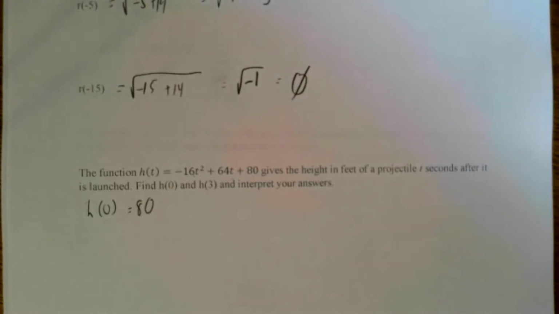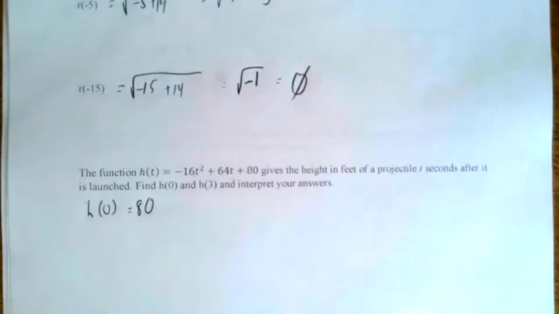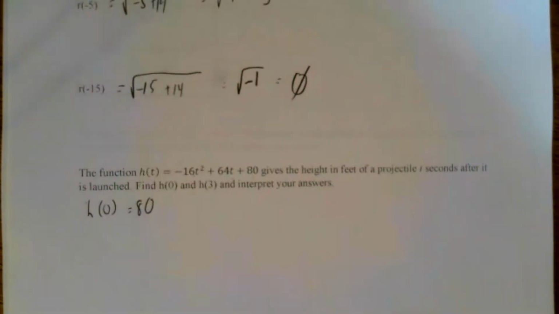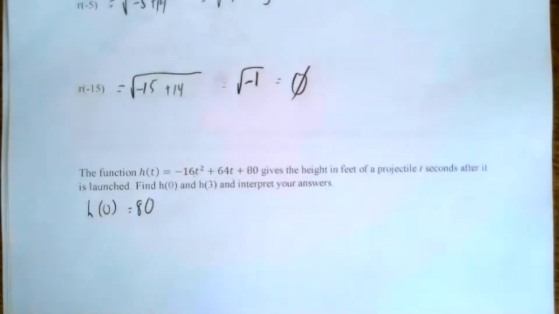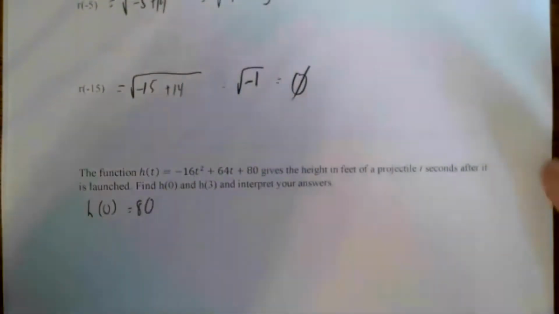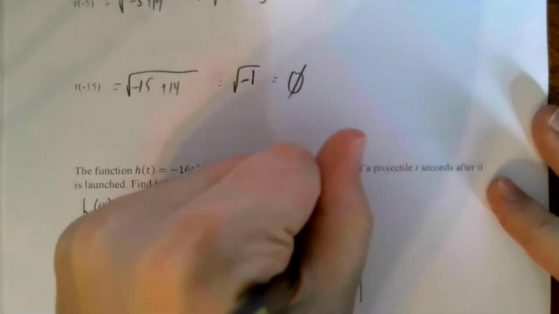So what does that mean in the context of this problem? Can anybody think of what that means in the context of this problem? So what's happening at h equals 0? Well, what I can think about is we're launching some projectile, right? So let me draw a projectile being launched.